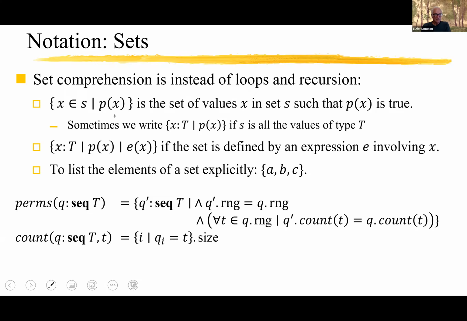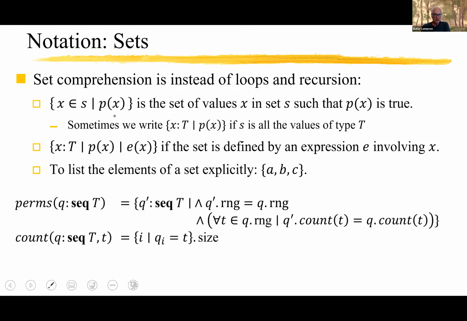So let's look at an example here. The function I've written at the bottom of the slide is permutations. It takes in a sequence Q, and it gives back the set of sequences Q prime such that the range of Q prime is the same as the range of Q. That is, the contents of the sequences is the same.